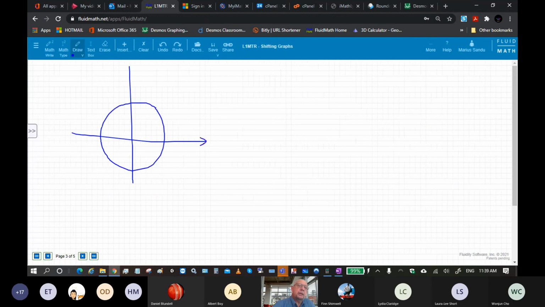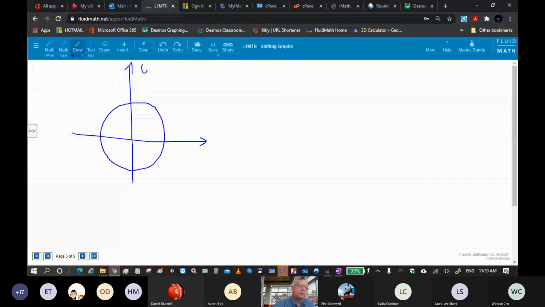And this is x and this is y, and that's my radius. This point here has coordinates x and y.